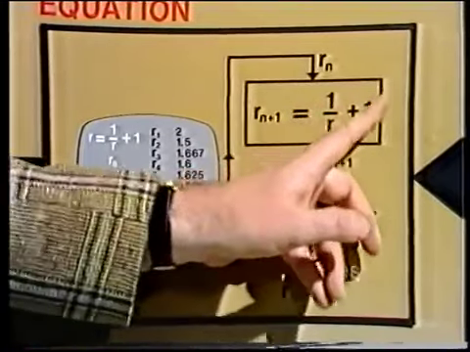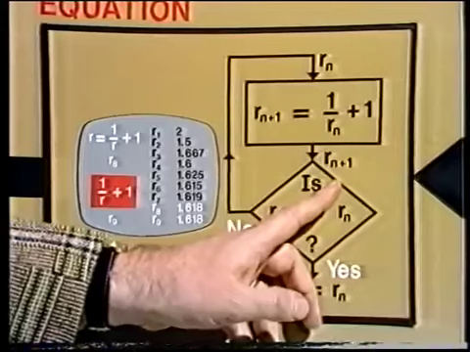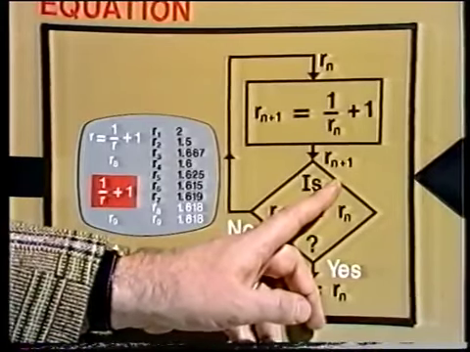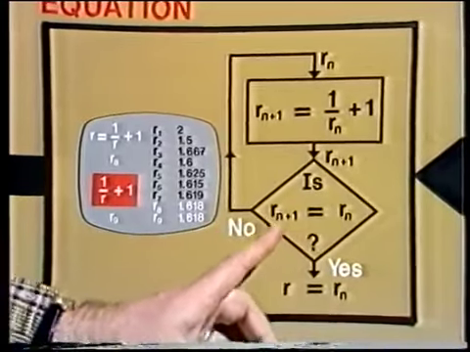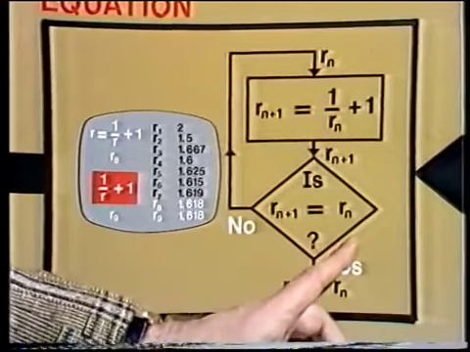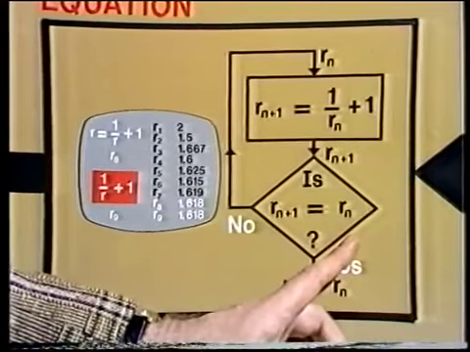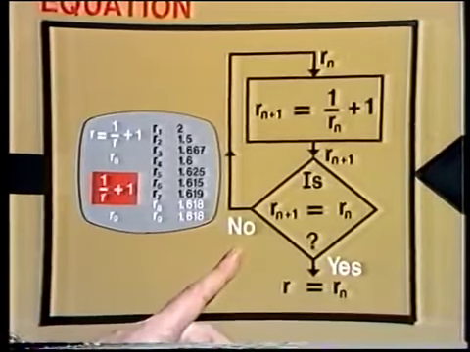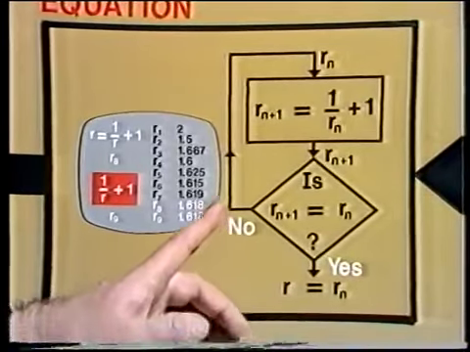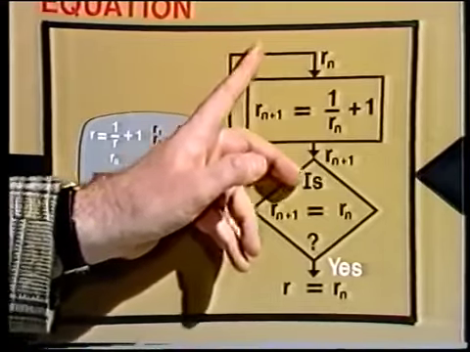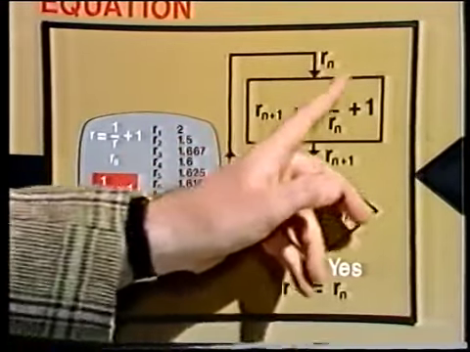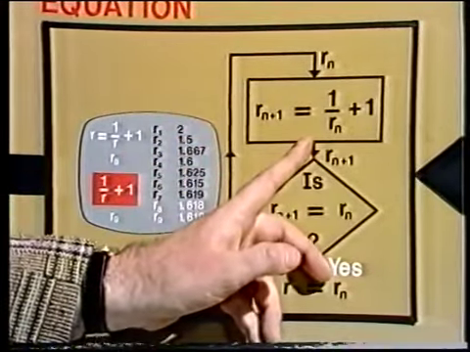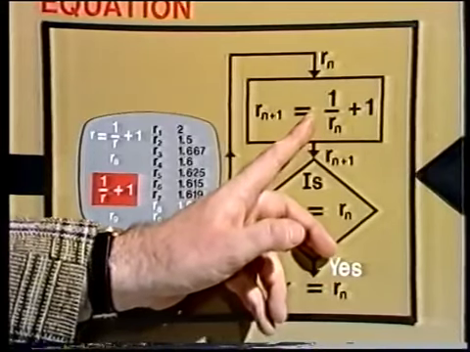And then you do this calculation, and you generate R2. Then you ask yourself the question, is R2 equal to R1 within the accuracy you're working to? And if the answer is no, then you take R2 and you send it round the iteration cycle up here, and you repeat this calculation, except this time, of course, with n equal to 2.